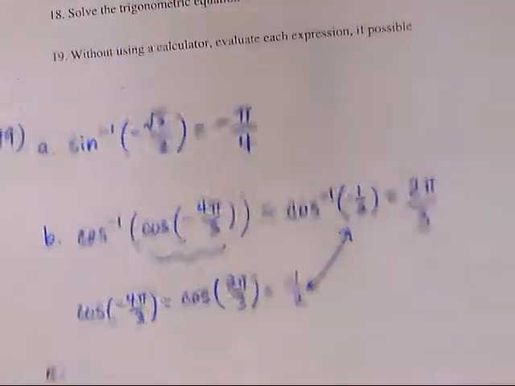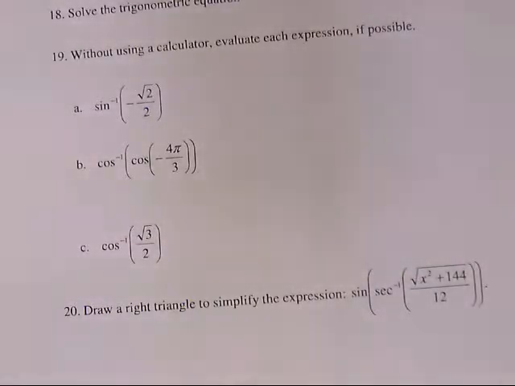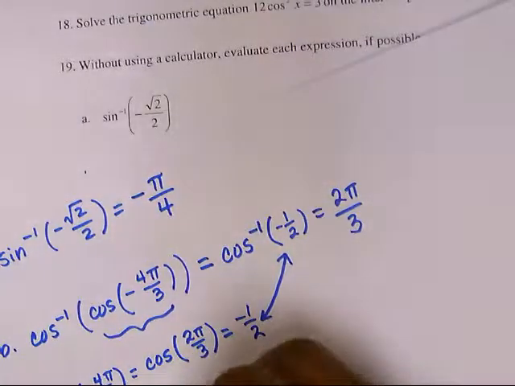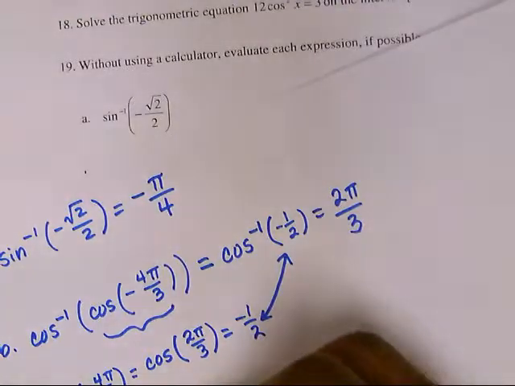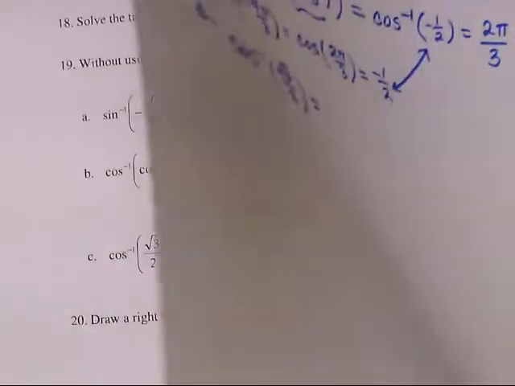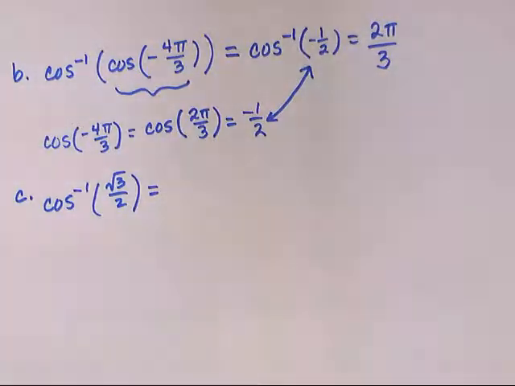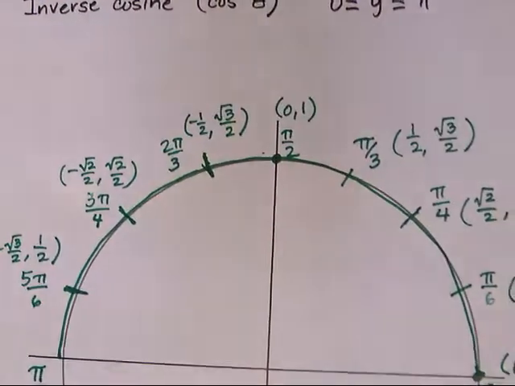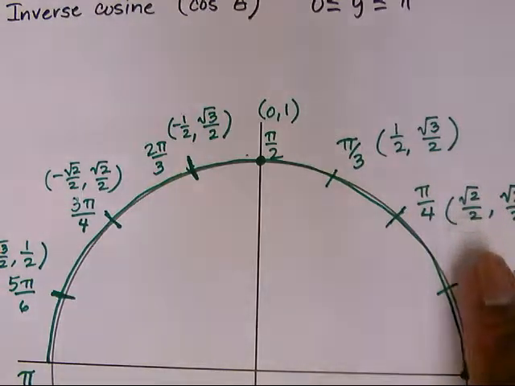And part C, the inverse cosine of the square root of 3 over 2. So I need to use that inverse cosine circle, and the square root of 3 over 2 for the x value.